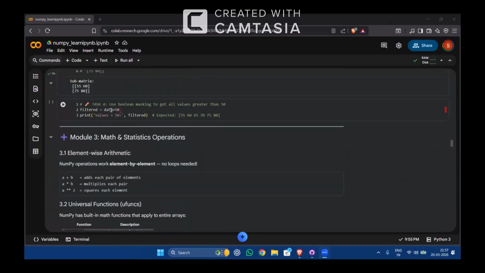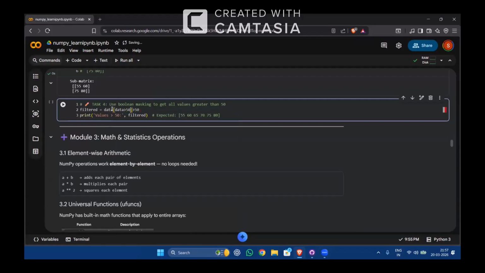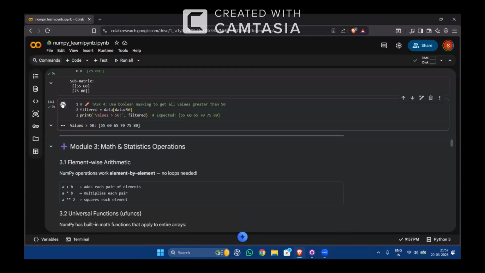Data of data greater than 50. Okay. Hope everyone can see the outputs properly.